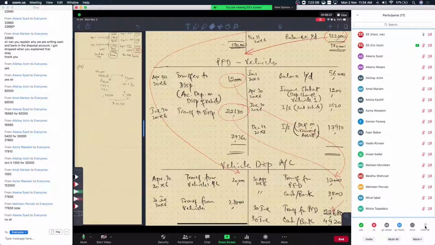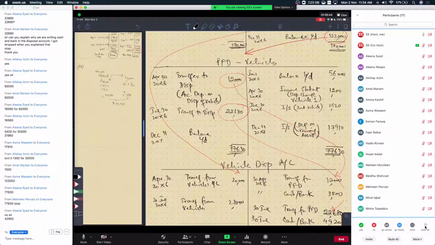Okay, this is the total. This is the total 77,630 here, and 77,630 here, and the balance carried down comes out to be what? 42,950, and that balance carried down is going to be brought down on 1st of January in the next year.